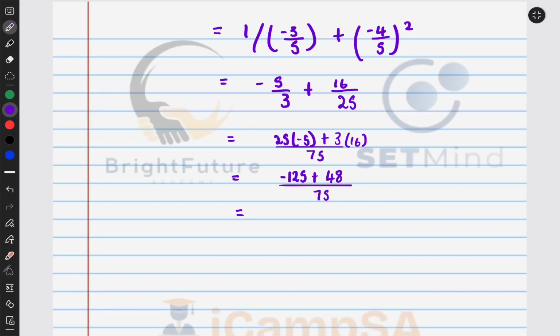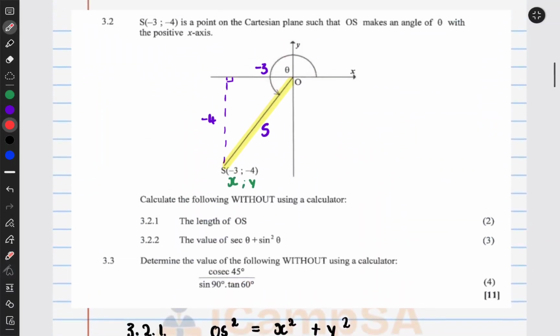What is -125 plus 48? This is -77 over 75, and that would be your final answer for 3.2.2.